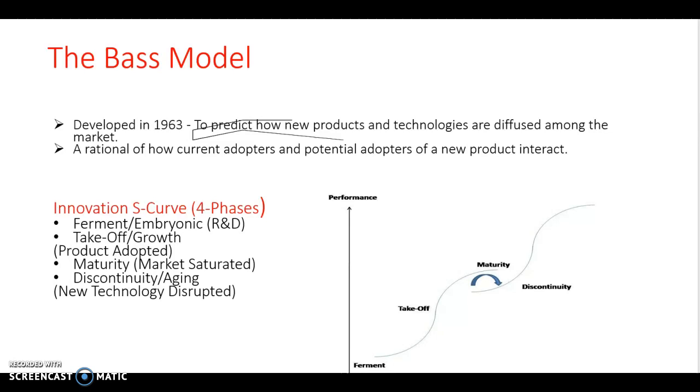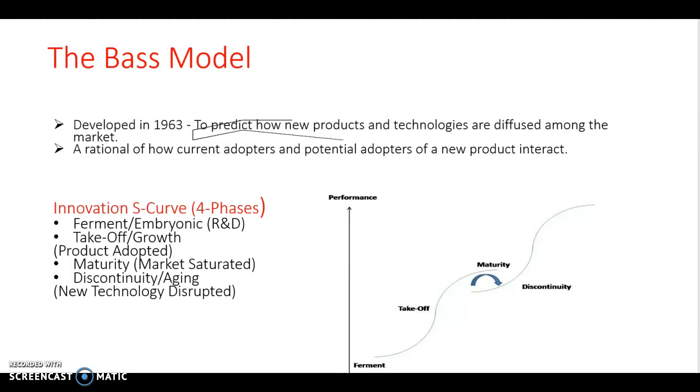The early stage, or the ferment stage, is when research and development is involved in a new technology. Then the technology takes off and grows, until the product is actually adopted.